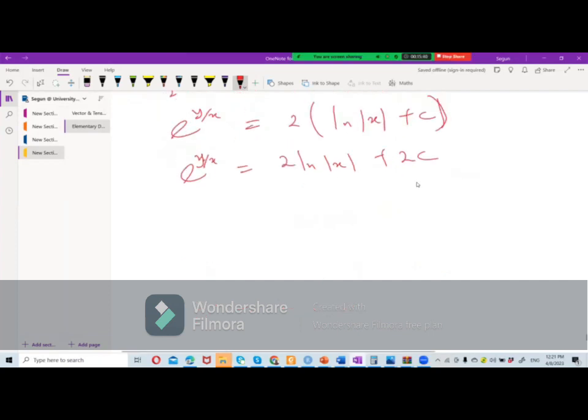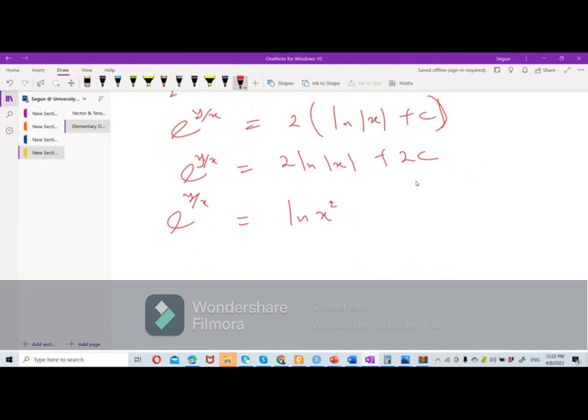So which simply means that exponential y over x is equal to ln x squared, according to the law of logarithm, plus c. And we have the boundary condition, or initial condition, that says (1, 0), which means x equals 1, y equals 0.